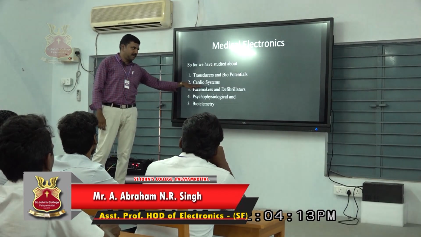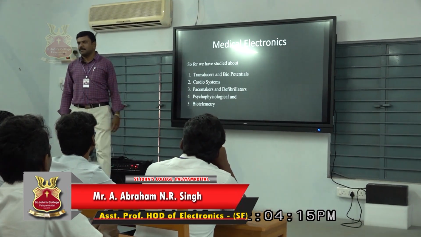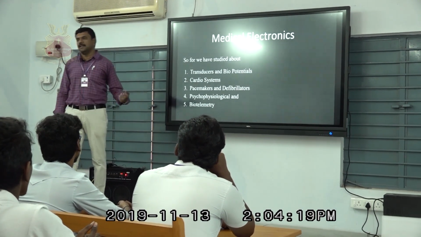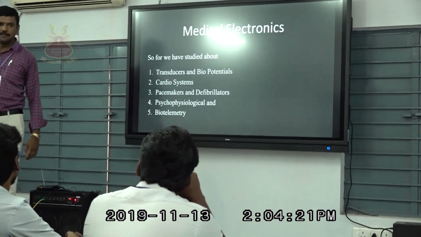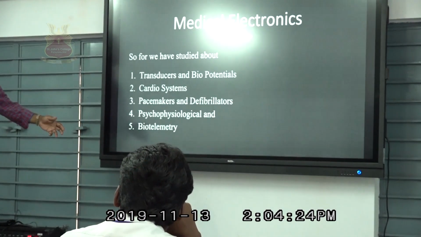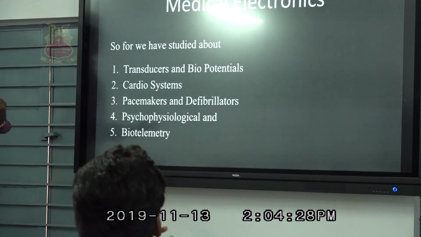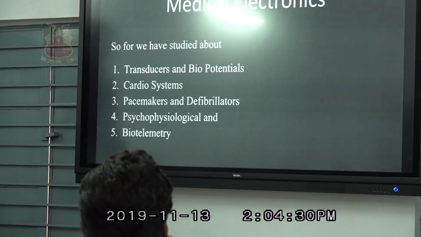And we saw the pacemaker and defibrillators. The purpose of the pacemaker is to substitute for a person who fails to have a natural pacemaker. For example, if a person suffers from a faulty natural pacemaker, he is unable to get a regular heartbeat and he will get an irregular heartbeat.